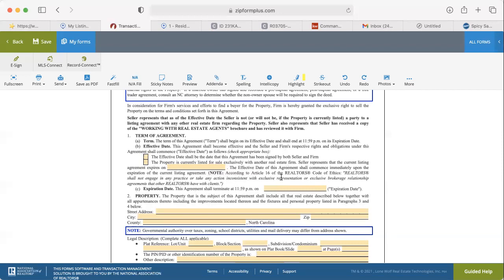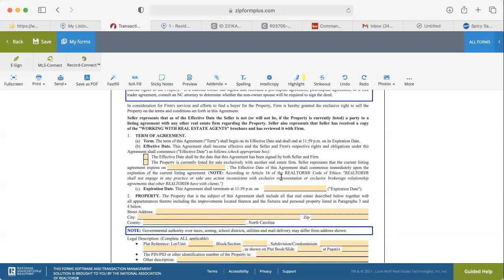So let's talk about ethics for a minute. I know you all haven't had ethics training. That comes when you do your orientation with the Board of Realtors. But it is against our code of ethics for you to solicit business from someone who is currently under contract with another agent, unless that person reaches out to you.